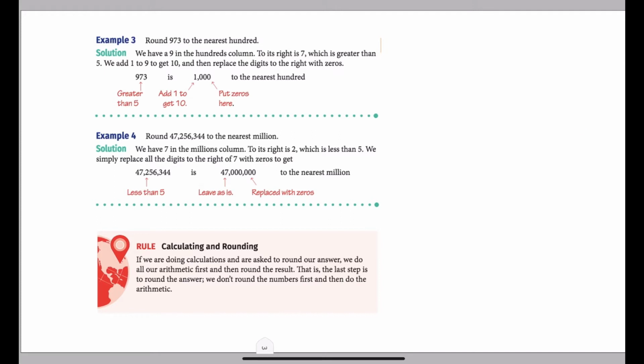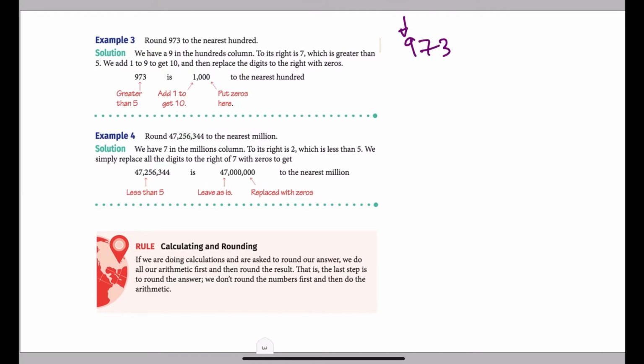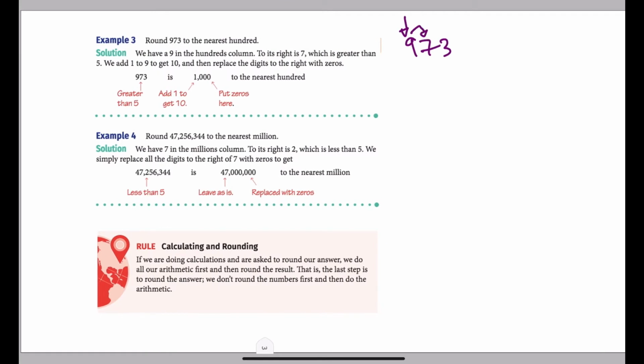So in this case, the process is the same. I write down the number, I identify the place value that I'm rounding. So I'm rounding to the nearest 100, but the 100 place value is not what helps me decide. That's the neighbor number's job. Now, is this 7 a big number or a little number?